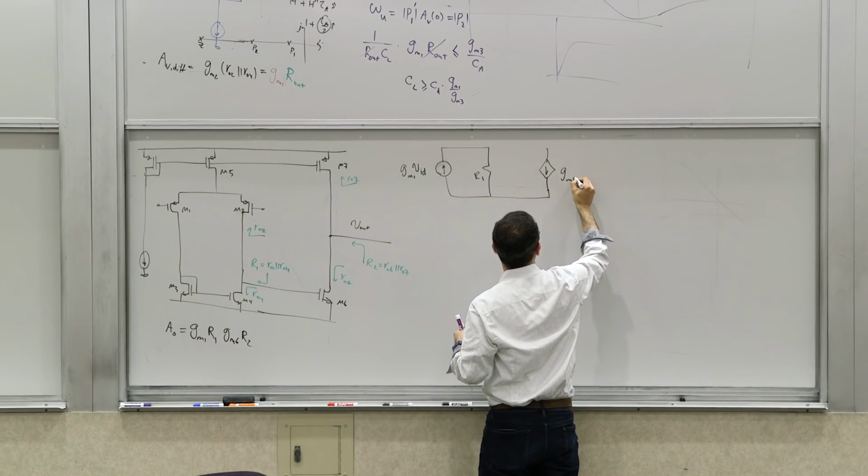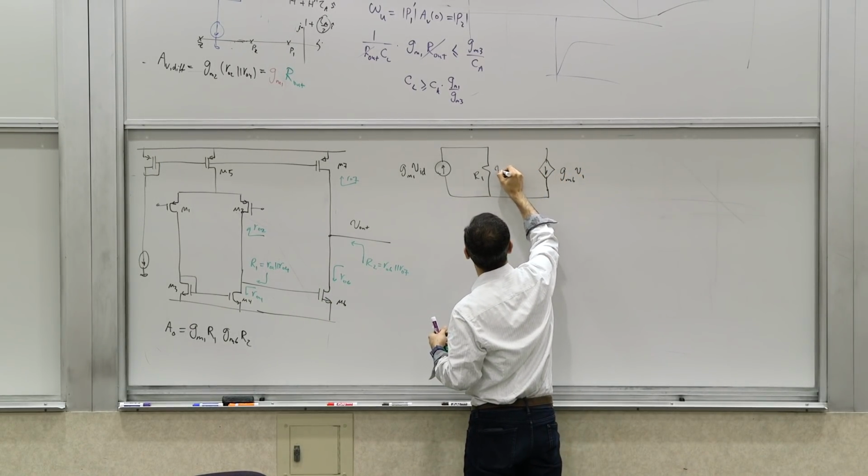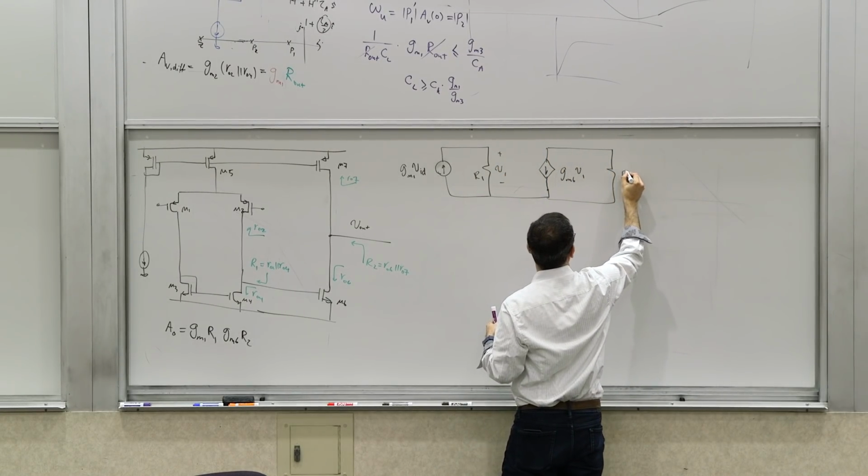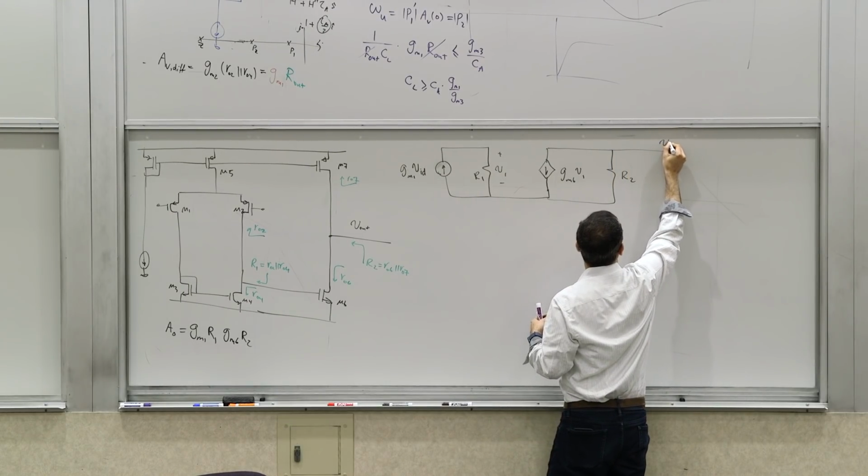So this is GM6 V1, let's call this V1, to drive the output resistance R2 and produce V out.